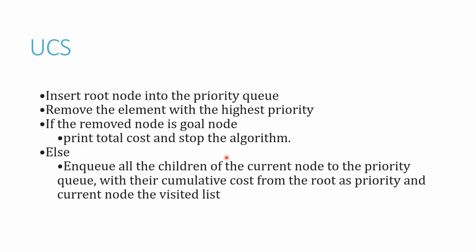If it is not the goal node, expand the root node, and based upon the cumulative cost value, the one with the lowest cost will come to the visited list. This process continues until we reach the goal node. So this procedure is followed to solve the problem with the uniform cost search method.